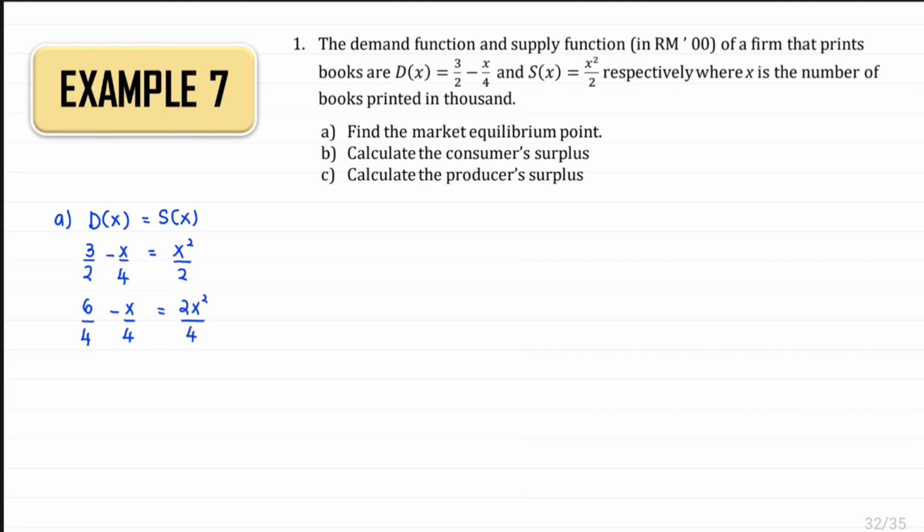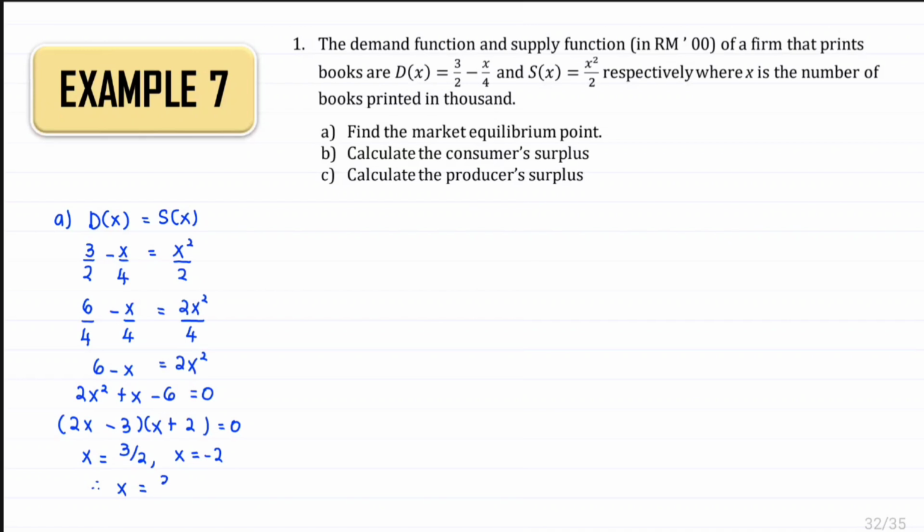We ignore the denominator, so 6 minus x equals 2x squared. 2x squared plus x minus 6 equals 0. Then we factorize. We get x equals 3 over 2 and x equals negative 2. Since x is quantity, x equals 3 over 2 only.